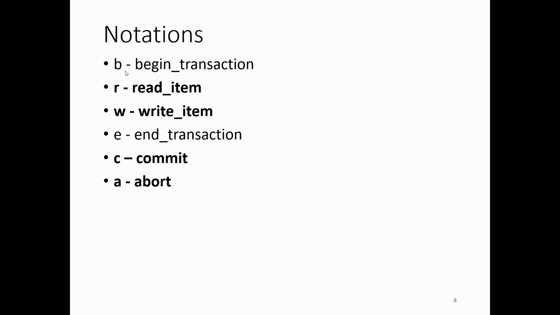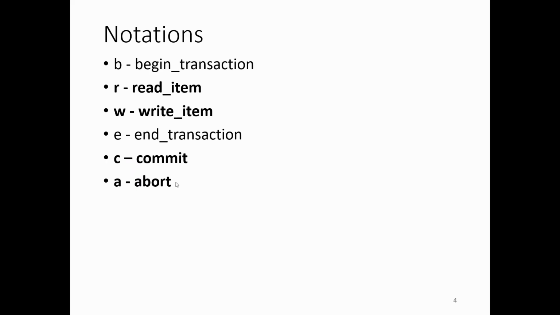Simple B is for begin transaction, R is for read item, W for write item, and E for end transaction. C is for commit transaction, and A is for abort.